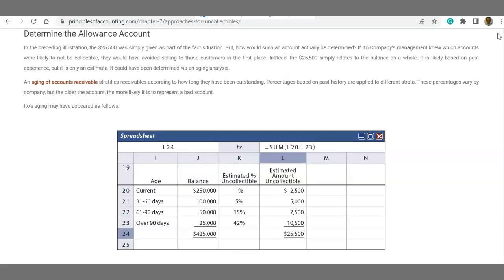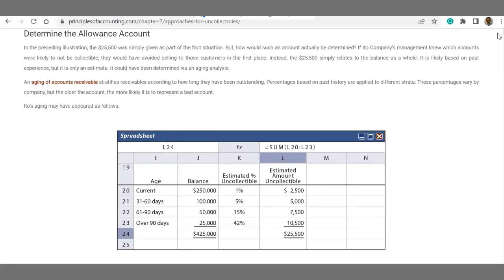If you use percentage of credit sales, that's fine. Credit sales of whatever you sold during the last 12 months combined, let's say 3%, 2%, something. If you use that, then anything in the allowance T account balance left over from the previous period, doesn't matter how much it is. You don't need to consider that, it's not important.